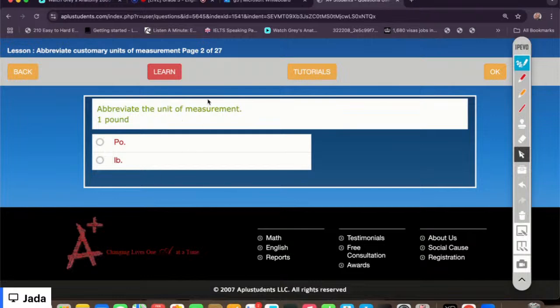All right, so abbreviate the units of measurement 1 pound. So what is the pound?